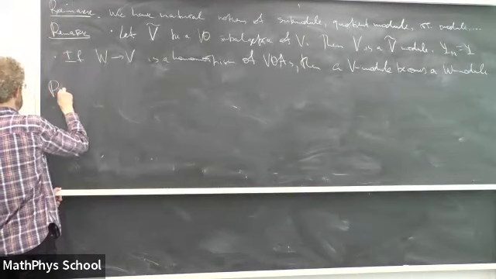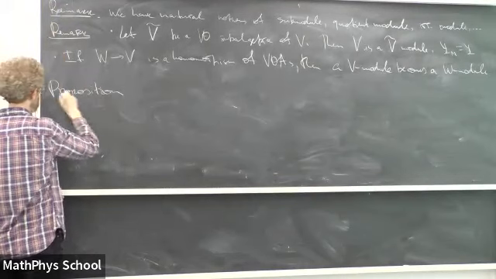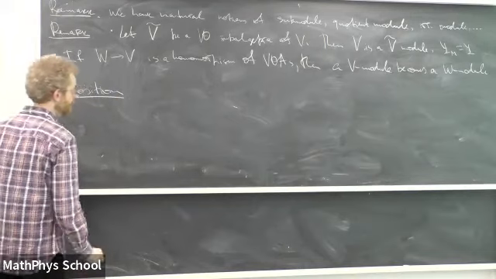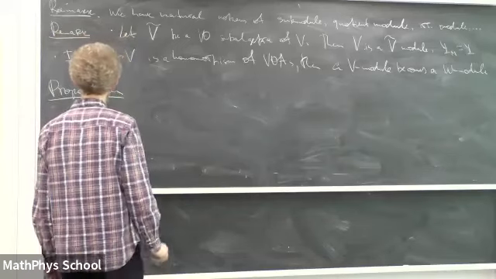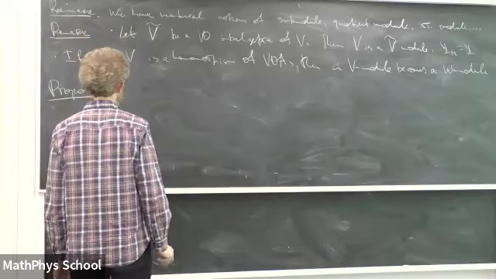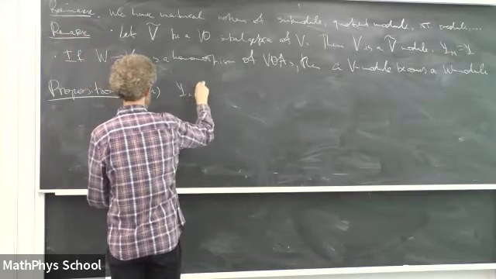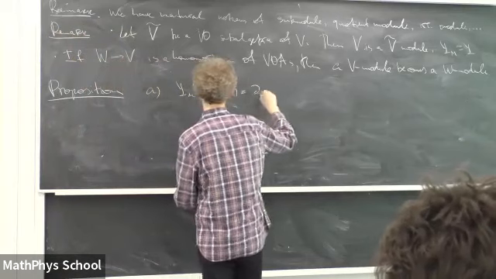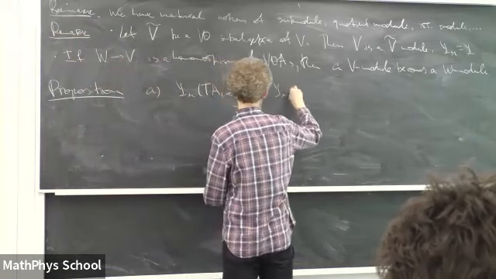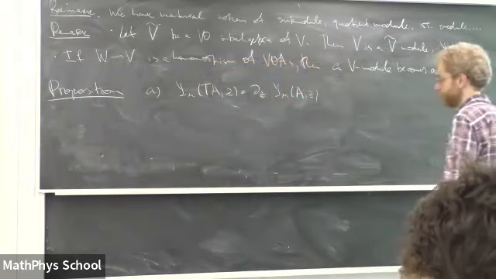Proposition. The proposition says that there are two parts. So the first part is that Y_M of T a, z is the derivative of Y_M(a, z), as you would expect.